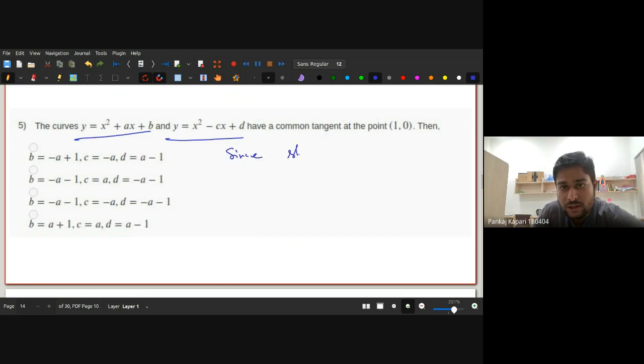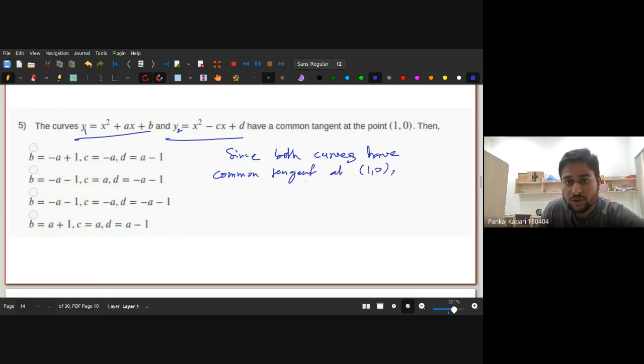Since both curves have the same tangent, let's call this curve y1 and this curve y2. Since both curves have a common tangent at (1, 0), x is 1 at (1, 0).